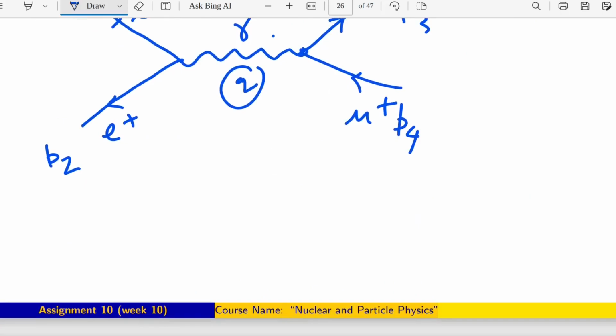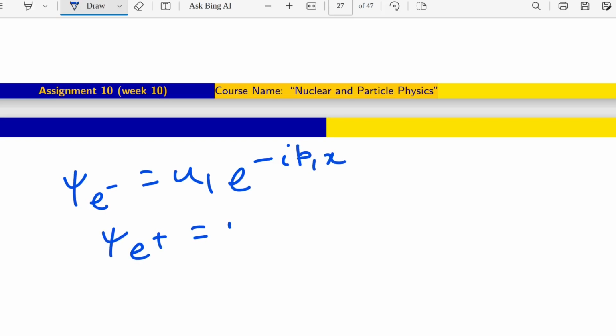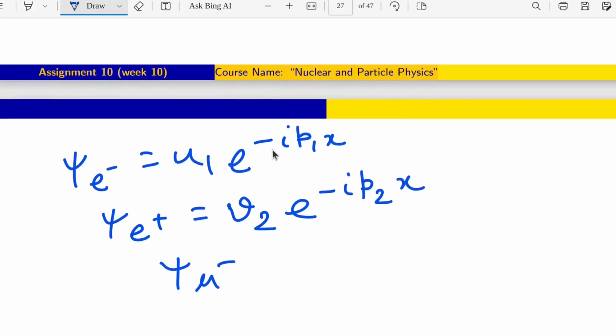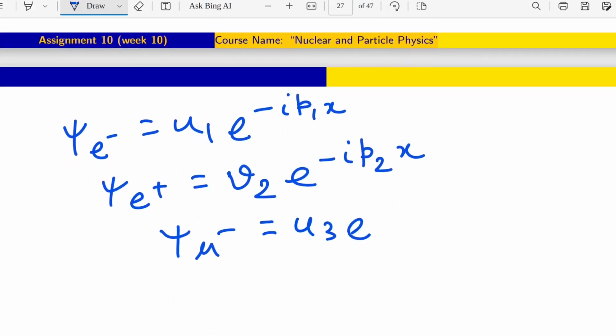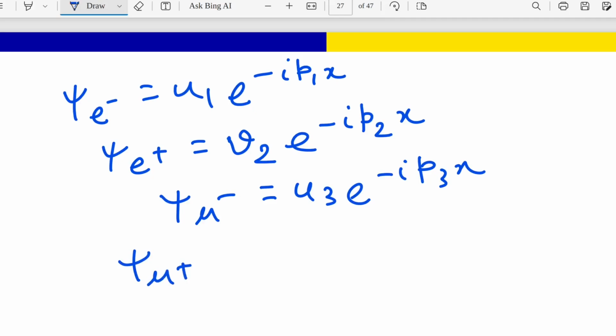The expressions are ψ_e⁻ = u1 e^(−i p1·x), ψ_e⁺ = v2 e^(−i p2·x), ψ_μ⁻ = u3 e^(−i p3·x), and then ψ_μ⁺ = v4 e^(−i p4·x).